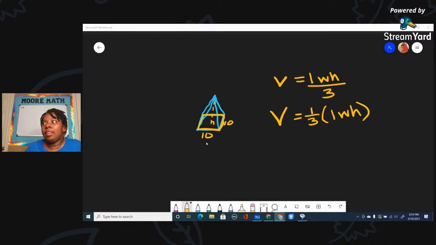Because it's a square, we take the area of the base, length times width, or side squared. I didn't give you a height, so let's say the height is 3.